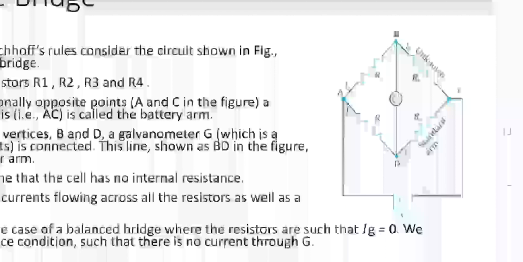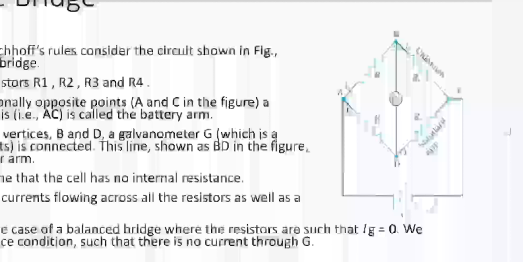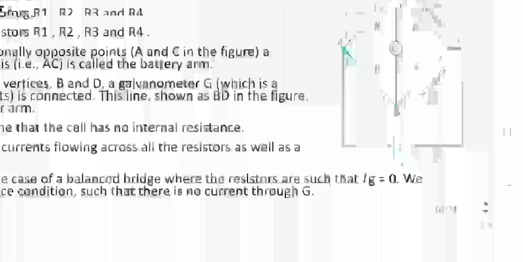And the potential difference between B and A is plus I2 R2, because the current direction from A to D and B to A is opposite. So one is minus, another one is plus, equal to 0. So my equation becomes I1 R1 equals I2 R2. So that is I1 by I2 equals R2 by R1.